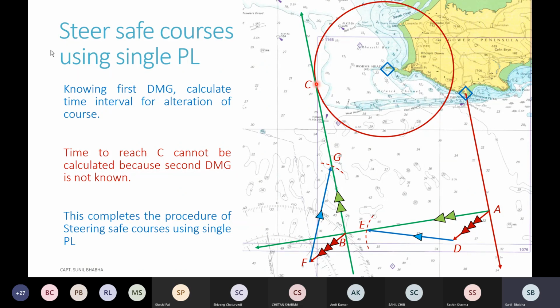So even in a restricted visibility situation, when there is no position fixing or position line available to us, we can follow these courses and rest assured that these courses will be safe and the vessel will reach the required destination position. So this completes our procedure of steering the safe courses using a single PL.